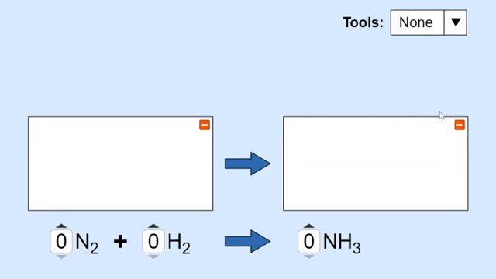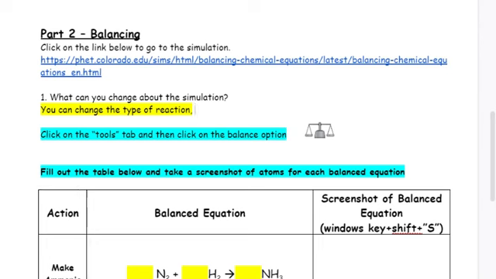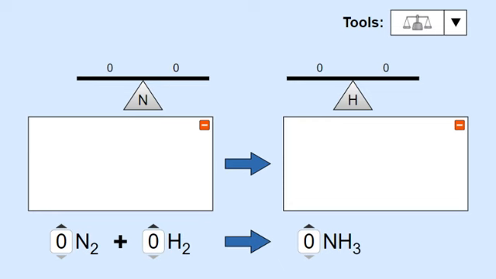There you go. Tools. All right. So to do the tools, click on this scale here. That's the next step. We're going to get you ahead. So make sure you click on the scale and it should look like that. So that's the next thing you write down. Type of reaction, tools, and there's one more big thing I'm looking for.